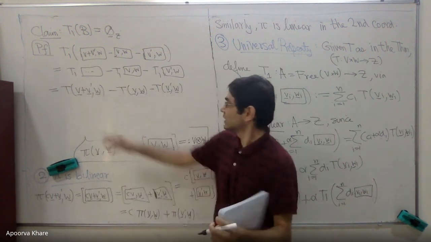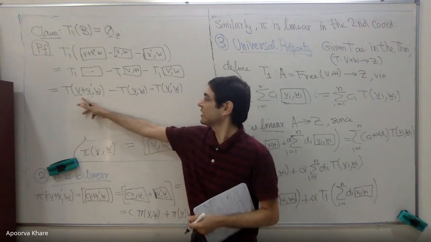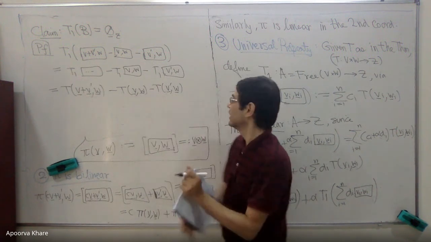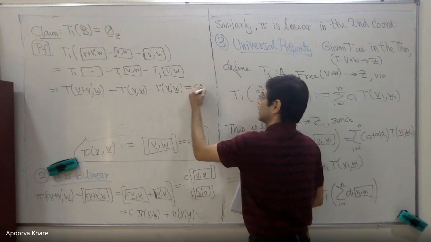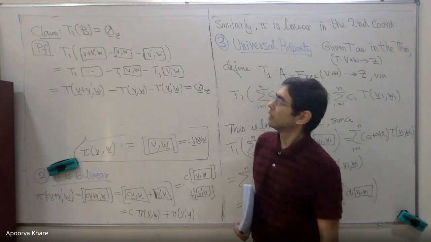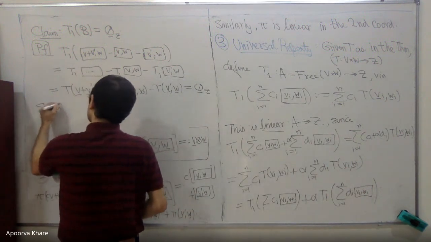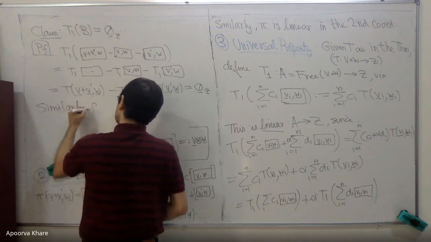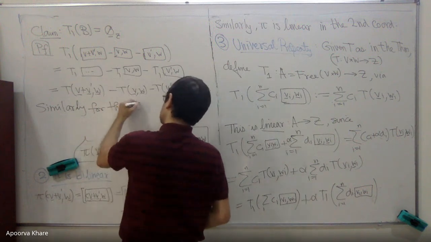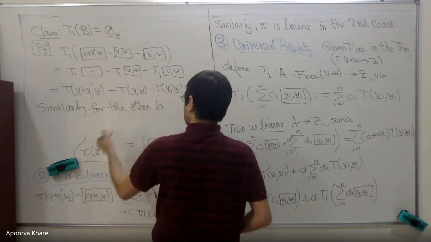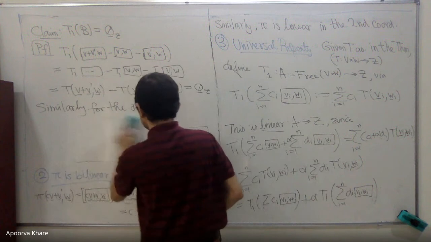But now what is this? T is linear in the first coordinate. So this is exactly equal to this plus this. And so this is exactly equal to 0. Similarly for the other three types of vectors, for the other vectors spanning the set.